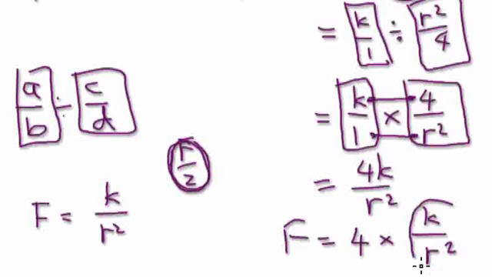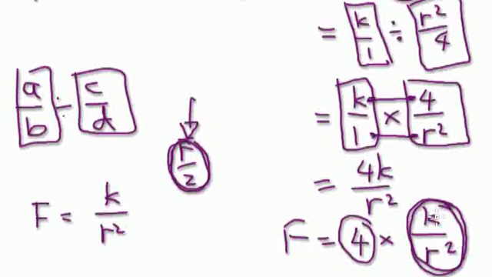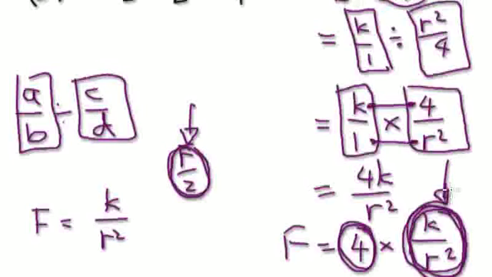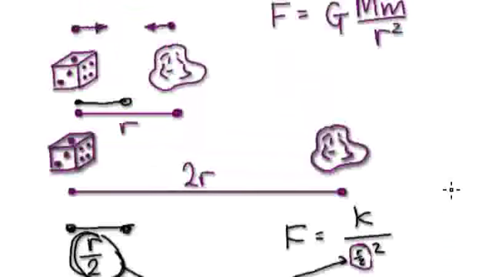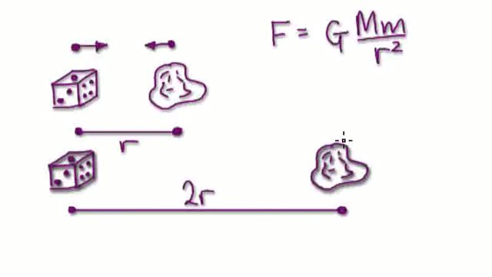If you look at this here, this is our old force. But when you halve the distance, you put this 4 here. So our new force will be times 4, so it's going to be 4 times the strength of our old force. What this means is that when you halve the distance between them, the force will become 4 times stronger.